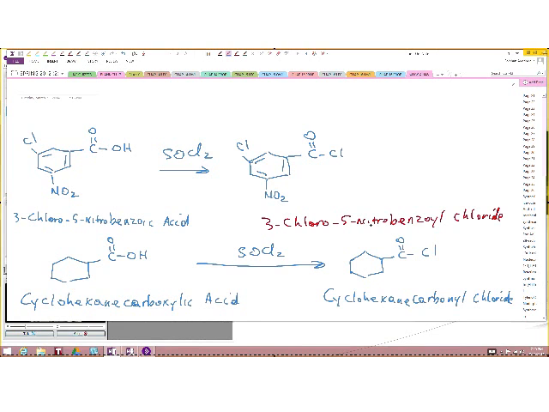So at this point, let us go to the synthesis of the acid anhydride.